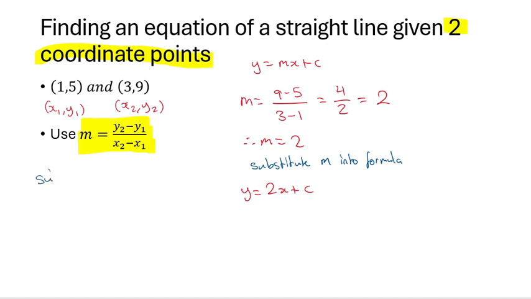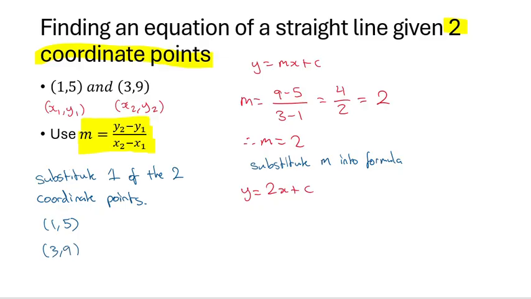So I'll just put a note here. Substitute one of the two coordinate points. So you can choose to substitute in 1, 5, or you can choose to substitute 3 and 9.